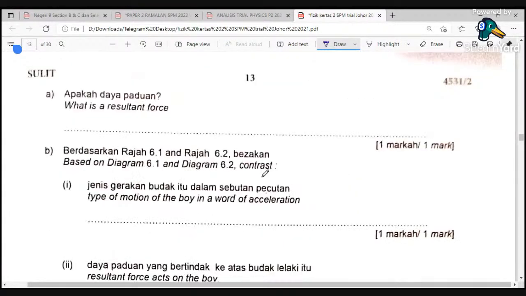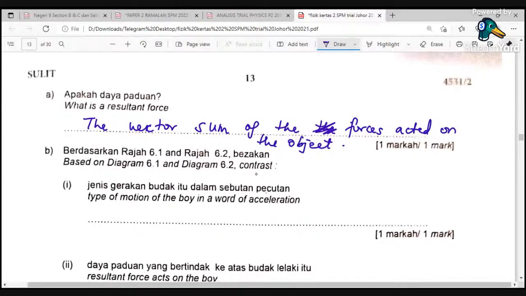Okay, what is a resultant force? The vector sum of the force on the object.